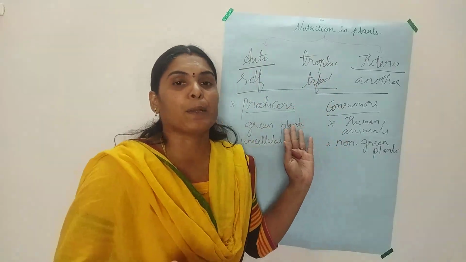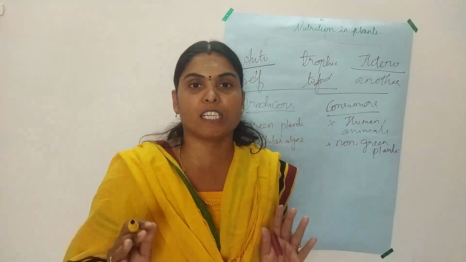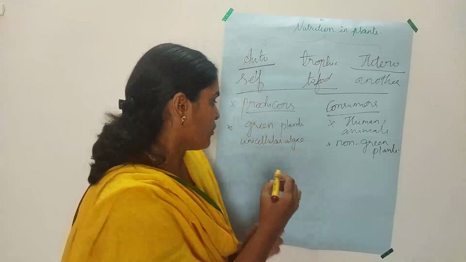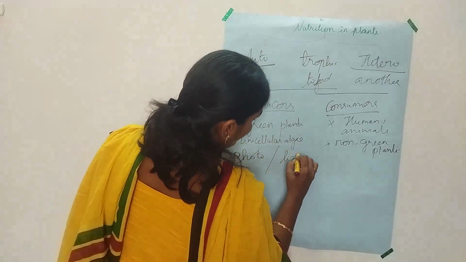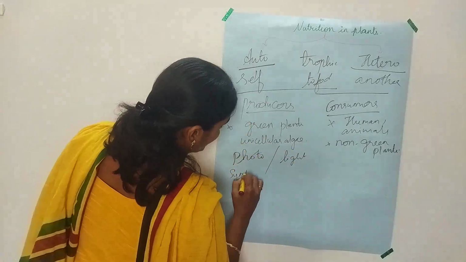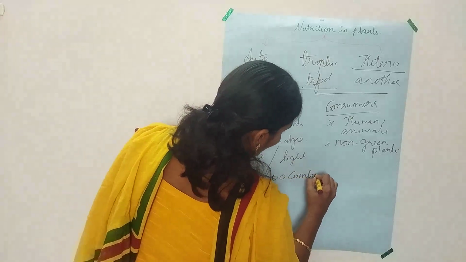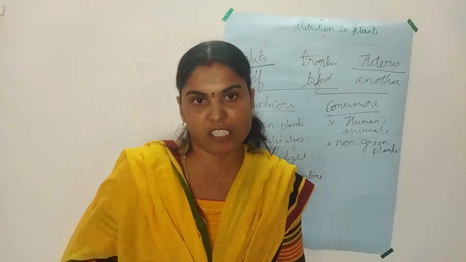For this preparation of their own food, they need certain structures. The most important is photosynthesis. We have heard the word photosynthesis. Photo means light. Synthesis means to combine. So, plants prepare their own food through the process called photosynthesis.